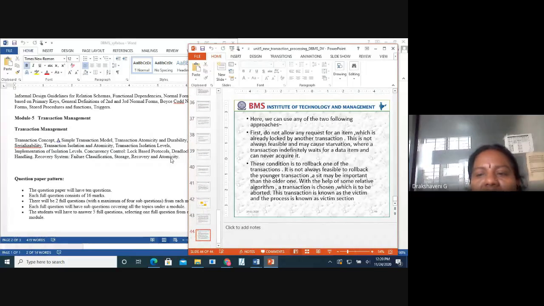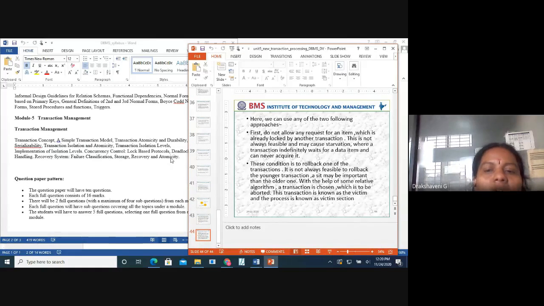Then finally, we have seen there were two approaches for deadlock to check whether the lock is fine, whether we can recover, or whether the system is failing.